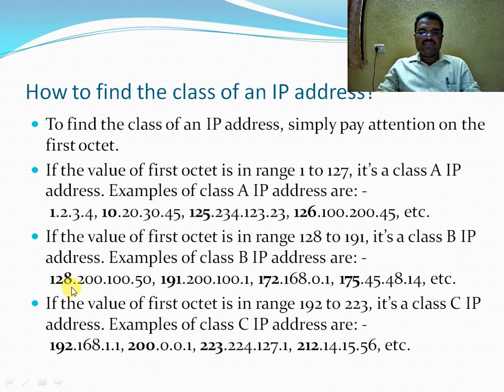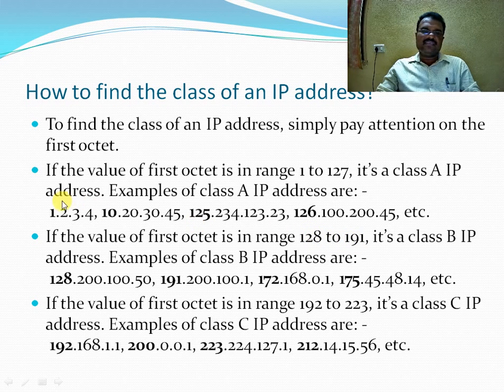Examples: 128.200.100.50, 191.20.200.100, 172.168.0.1, 175.45.48.14, etc. Here 128, 191, 172, 175 are all in the range of 128 to 191.